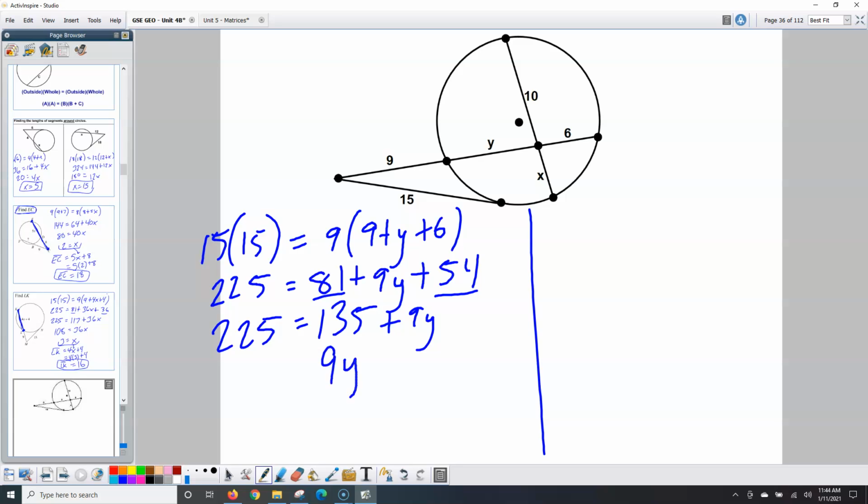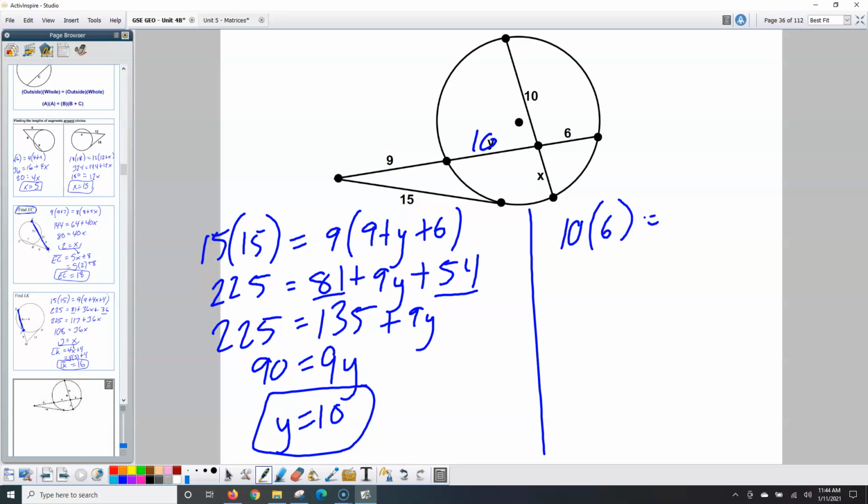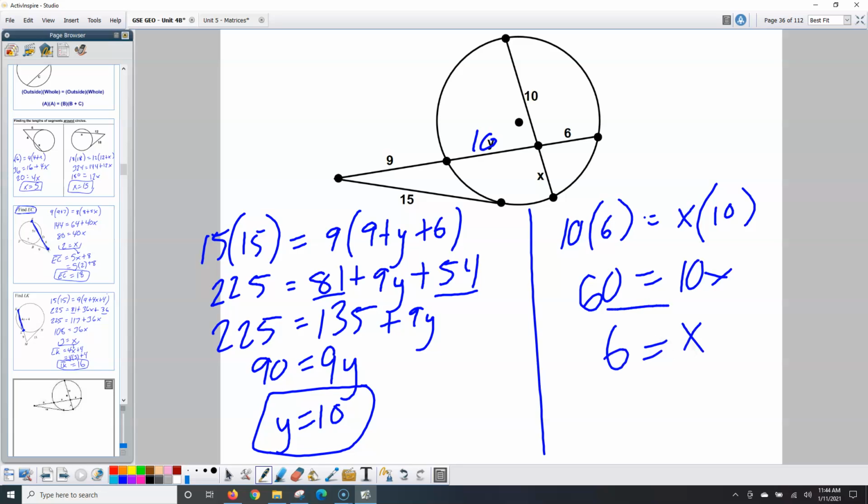Subtract the 135 over and you get 90. So y equals 10. Okay, so that means that that is 10 right there. Which means I have enough numbers to solve for x. I can say part times part equals part times part. 10 times 6, that's 60 equals 10x. Divided by 10, x equals 6.